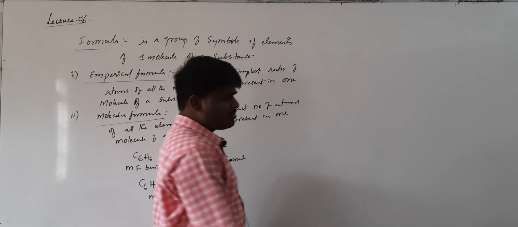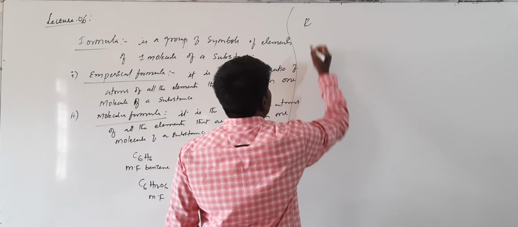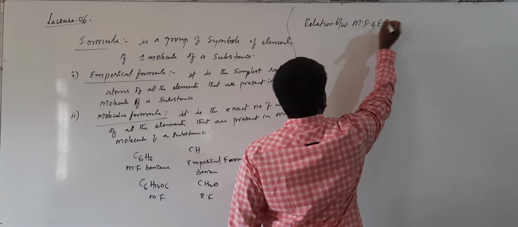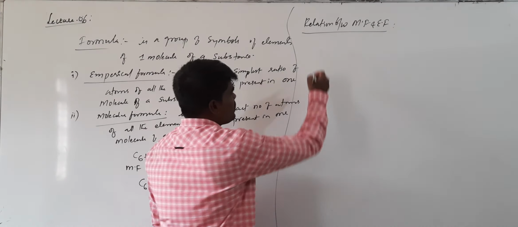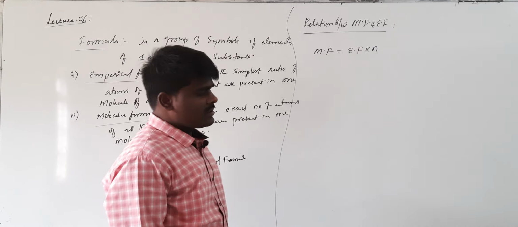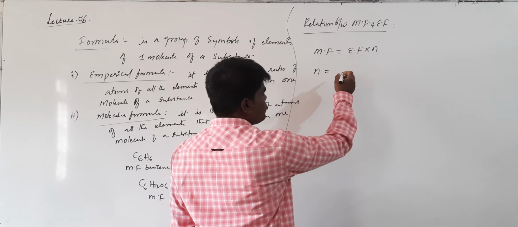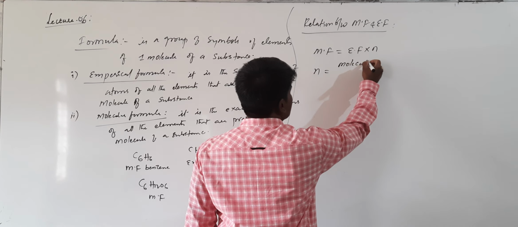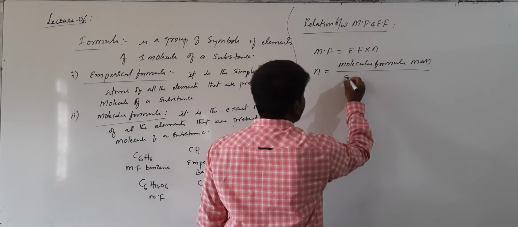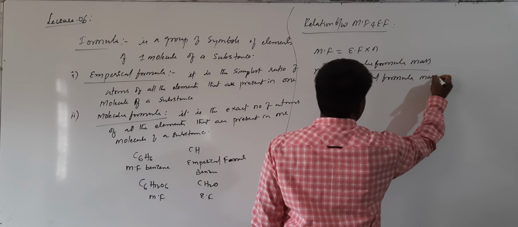Now, if you are asked what is the relation between molecular formula and empirical formula: molecular formula is equal to empirical formula into N, where N is the ratio of molecular formula mass upon empirical formula mass. Right?